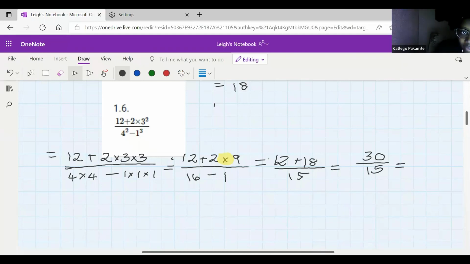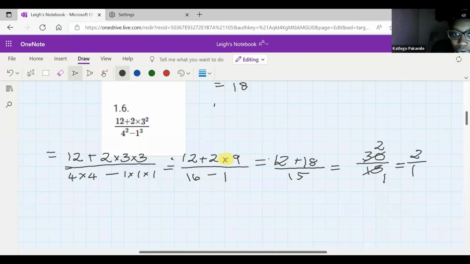Okay, how do we simplify? I think by 5 or 15. 15, right? So their highest common factor is 15. So 15 goes into itself how many times? Once. And into 30? Twice. 2 over 1.